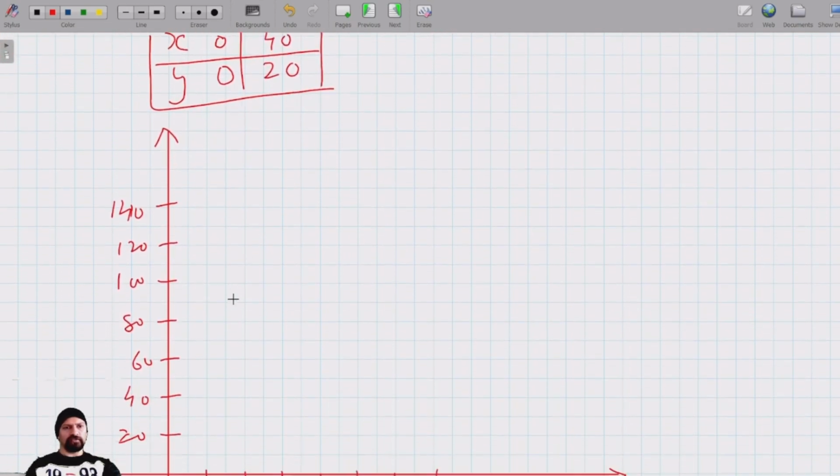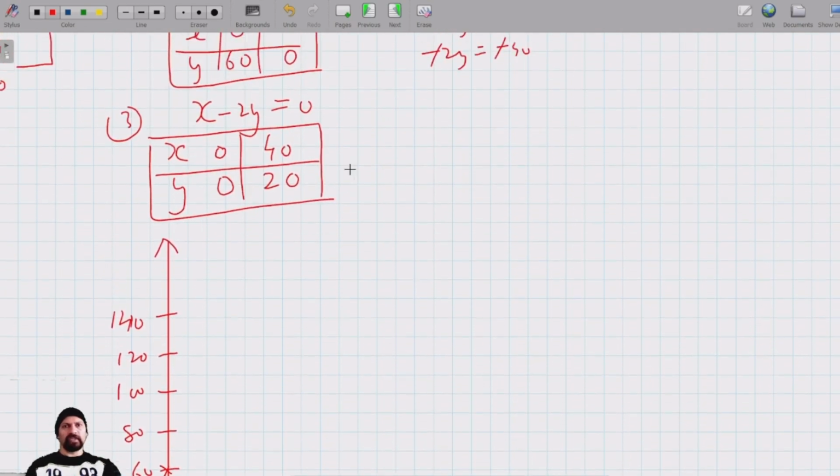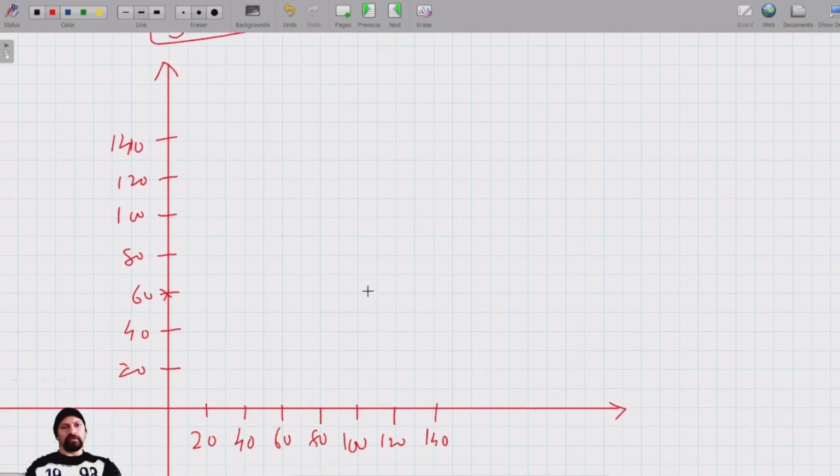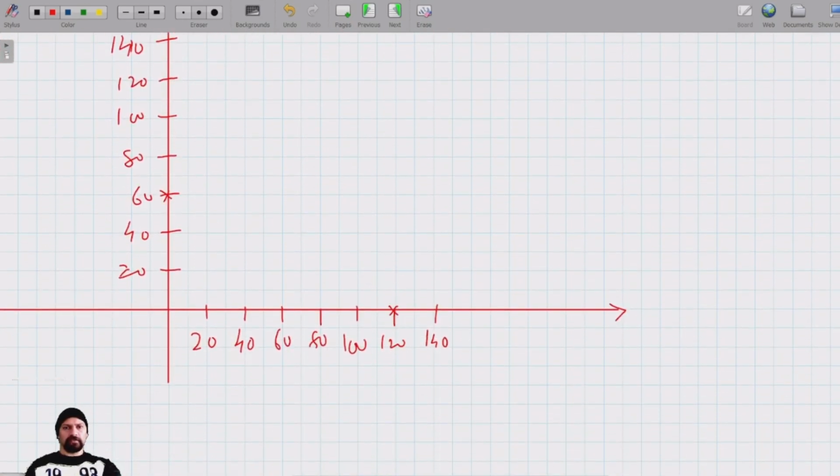Let's sketch the graph for x plus 2y is equal to 120. So it's 0, 60, which is here, and 120, 0, so this is here. Let's join this.